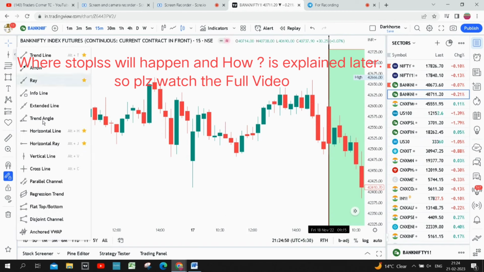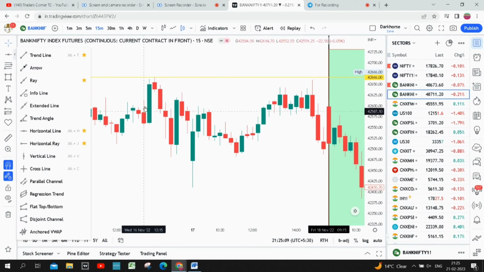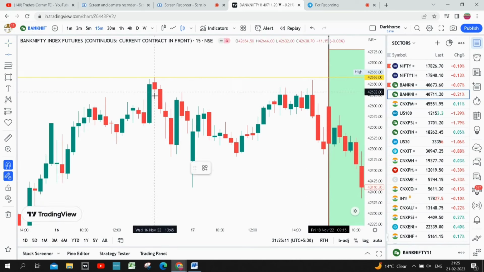Whenever the market comes here, it doesn't exactly touch the resistance and turn. Either it will cross the line or else it might reverse well before the resistance. So one can have an idea of what is support and resistance, but in the actual market, one should be able to mark the reversal areas in terms of zones.